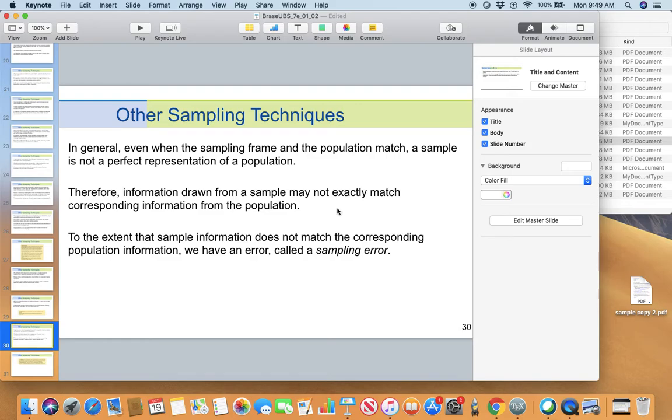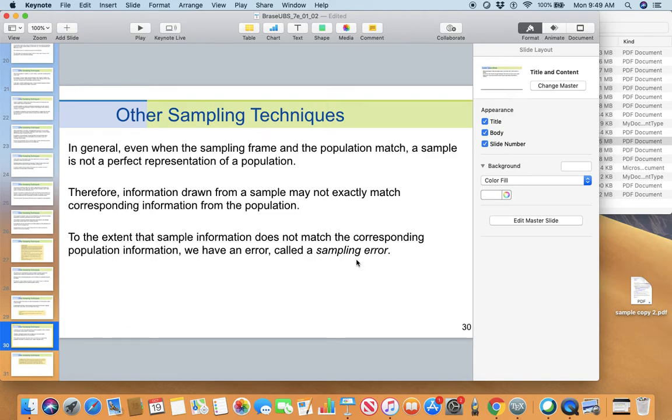And then based on that, can you say something about the entire New York City? We can't. Really, we can't. So information drawn from a sample may not exactly match corresponding information from the population. To the extent that sample information does not match the corresponding population information, we have an error called sampling error.